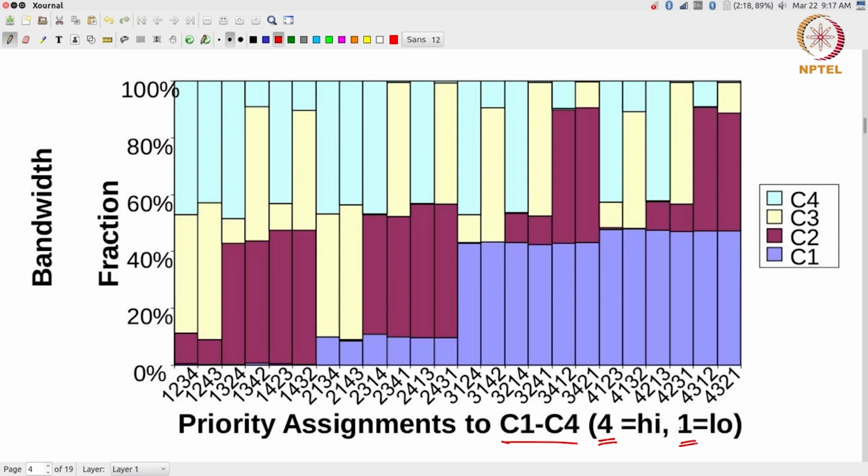Now what we are assuming is that there are 4 masters, C1 to C4, and also that there are 4 slaves on the system, and that these masters are generating random traffic, right? Randomly they want access to any one of the 4 slaves, and further we make the assumption that the masters are capable of generating enough traffic to saturate the bus if required, okay?